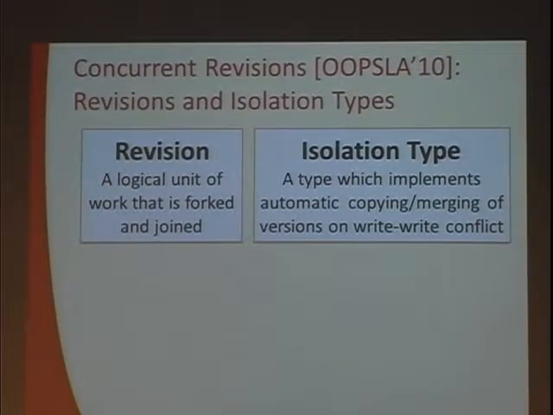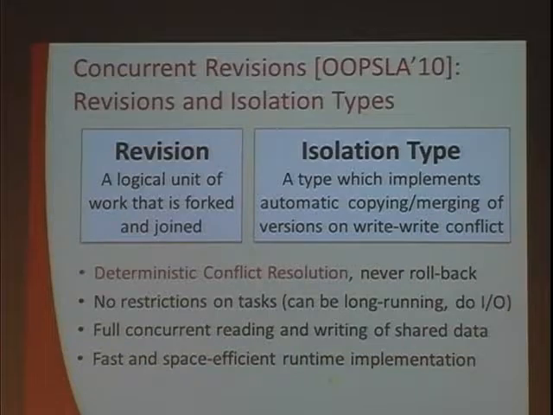And then these version types, we also call them isolation types, provide automatic copying and merging of different versions. Okay, so in our model, we have determinism. We never abort a computation or roll back. The tasks we have can be long running. They can do I/O, and there's full concurrent reading and writing of shared data.